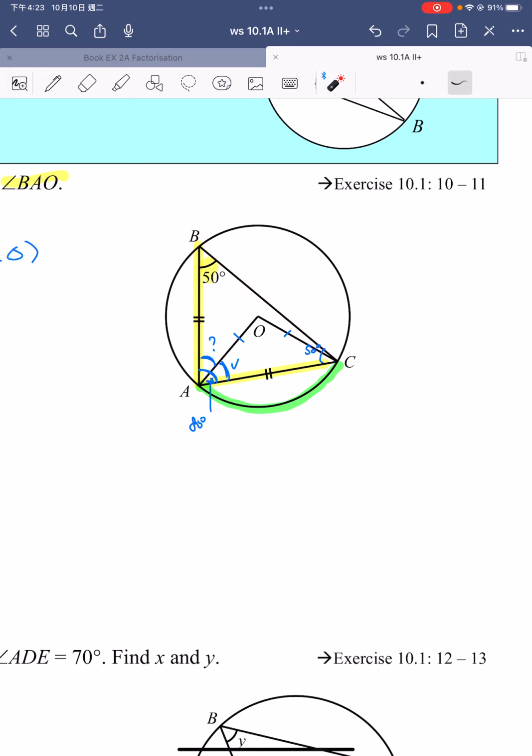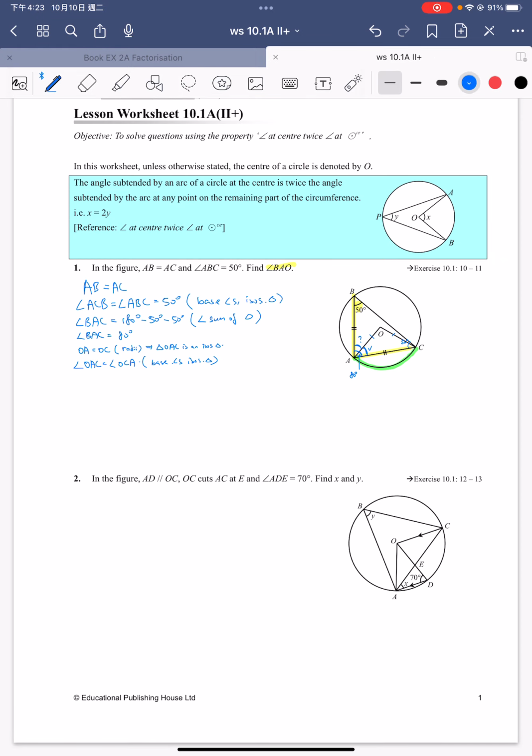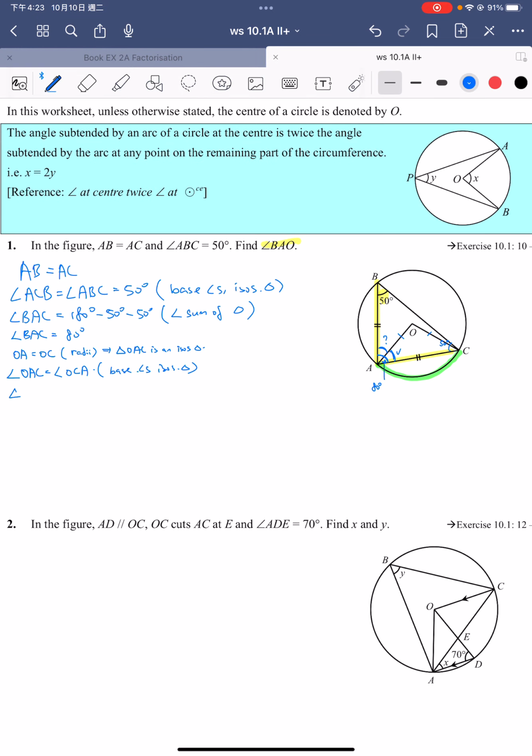They are watching the same arc, which means that the angle at the circumference has a relationship with the angle at the center. So now we can say that the angle AOC is double the angle ABC, which gives you 2 times 50 is equal to 100 degrees. And the reason is the angle at the center is twice the angle at the circumference.